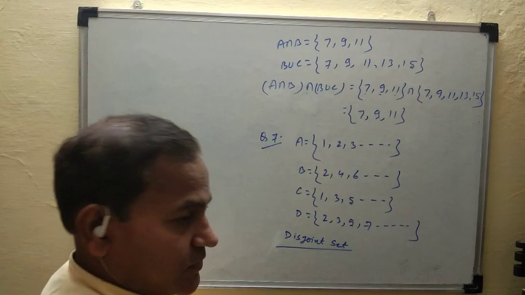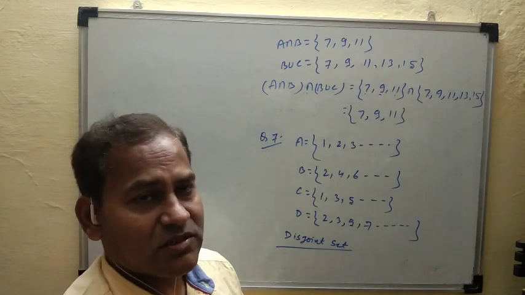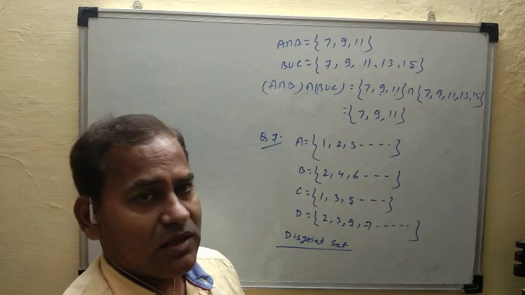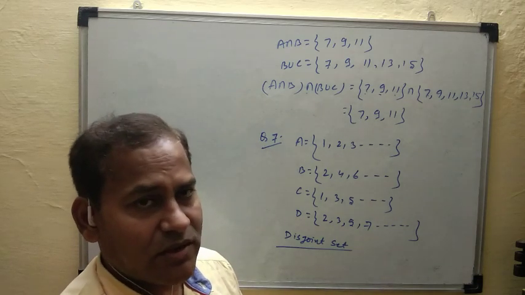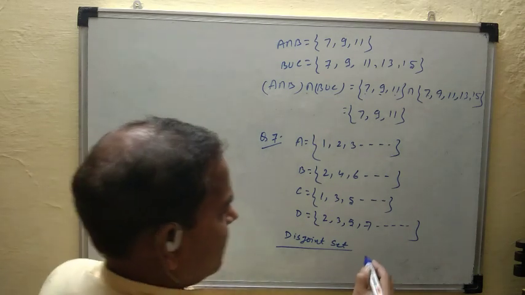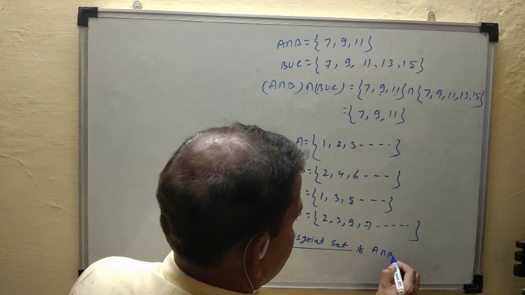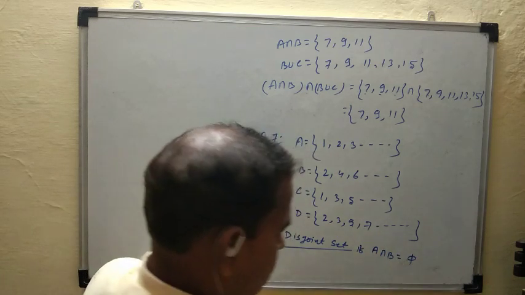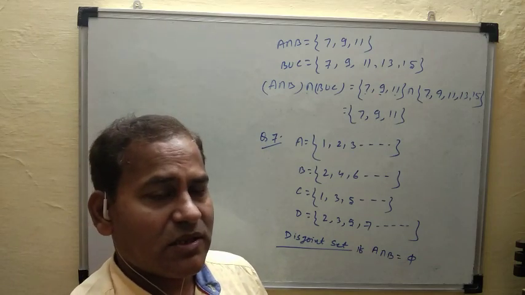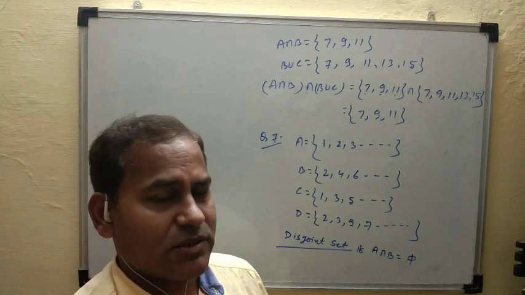Definition of disjoint set: two sets A and B are said to be disjoint if A intersection B is equal to phi, that is, sets A and B have no common element.